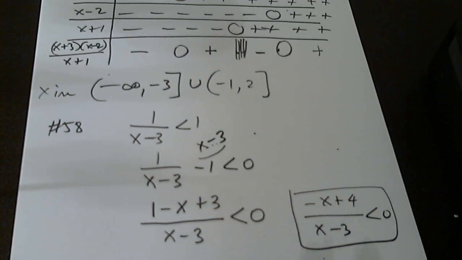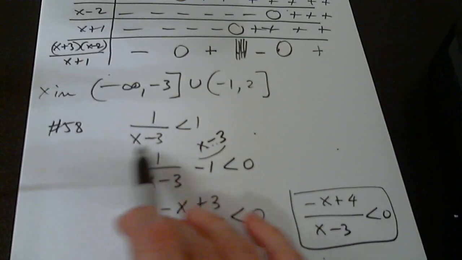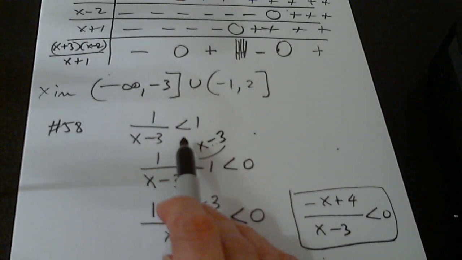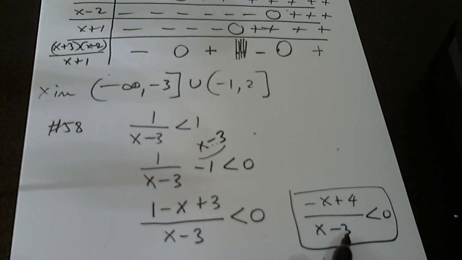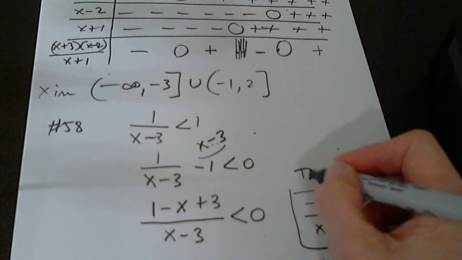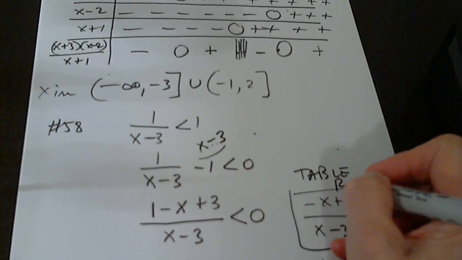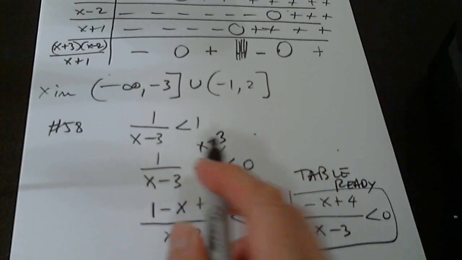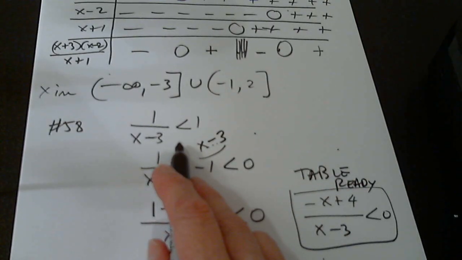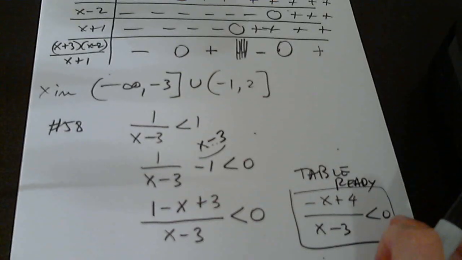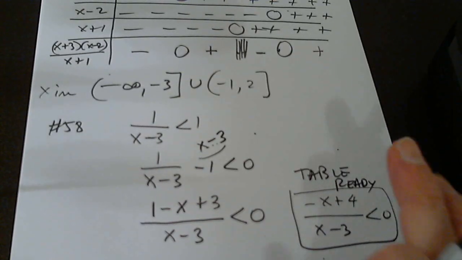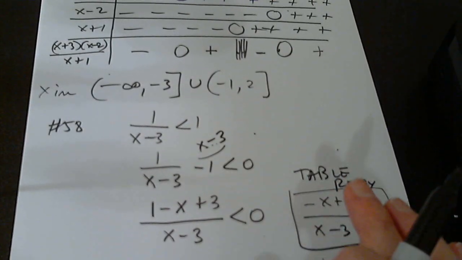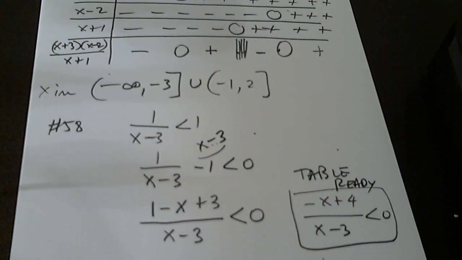It's not solved, but I changed it from something that I could not solve into something I can solve, because this is table ready. This is not table ready. The table requires 0 on one side and the product or a ratio completely factored on the other.